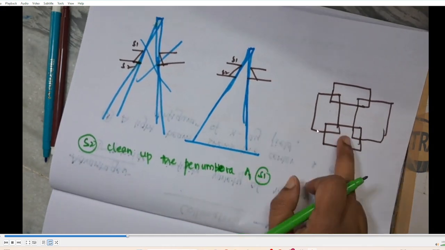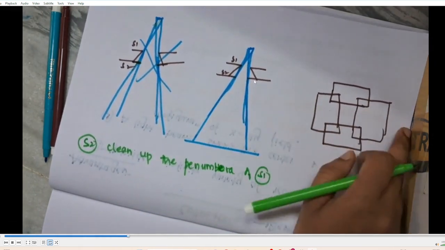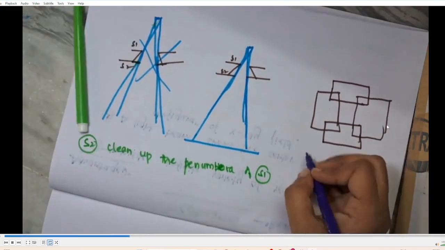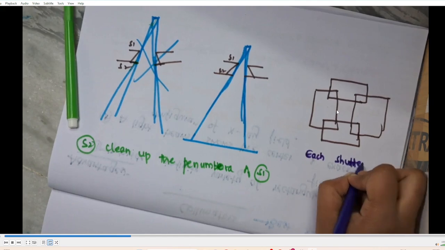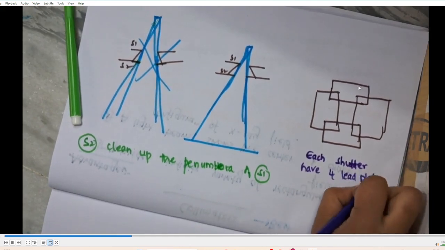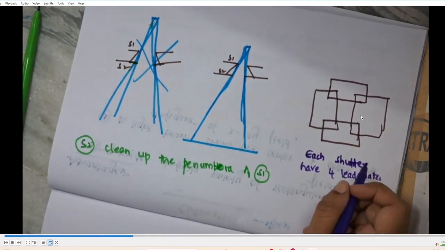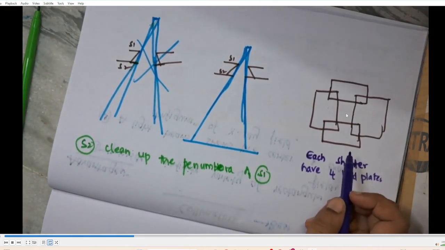Each shutter functions as two adjustable aperture diaphragms. Each shutter contains 4 lead plates, and the 4 lead plates move independently in pairs.